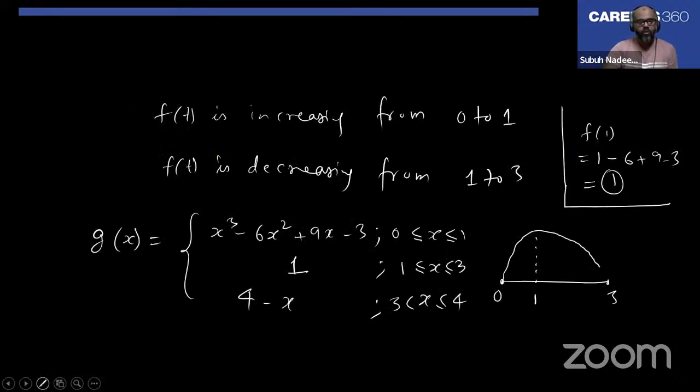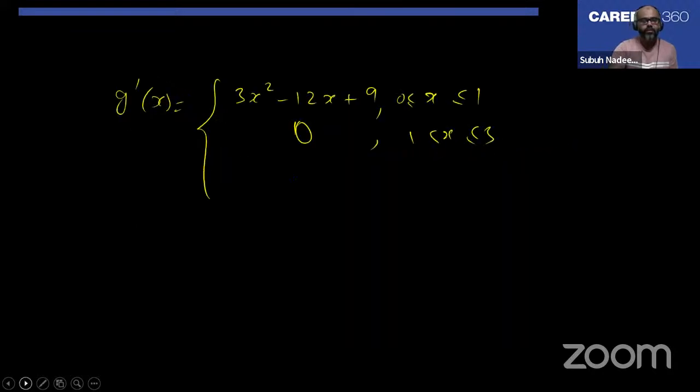And then 4 minus x will give minus 1, for x between 3 to 4.